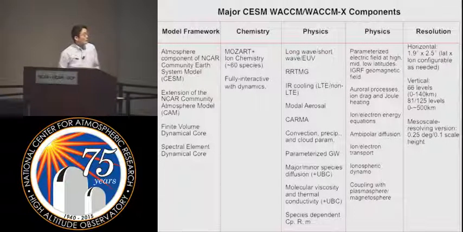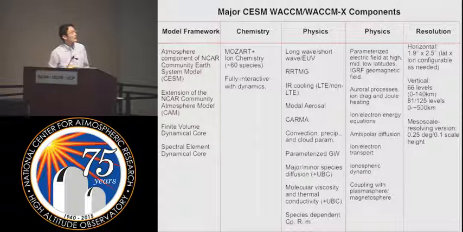And thermosphere factors are considered, and this column is mainly the ionosphere component. Most of this is now implemented, except this one is still under development, and is being tested too.